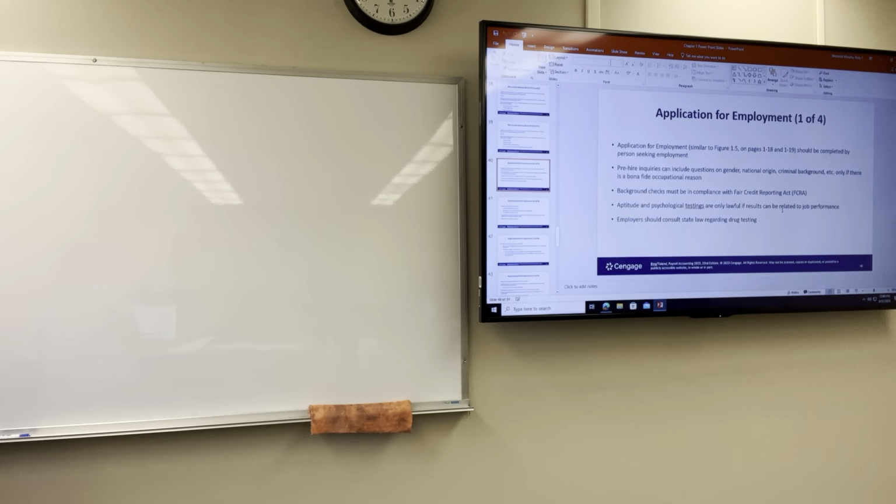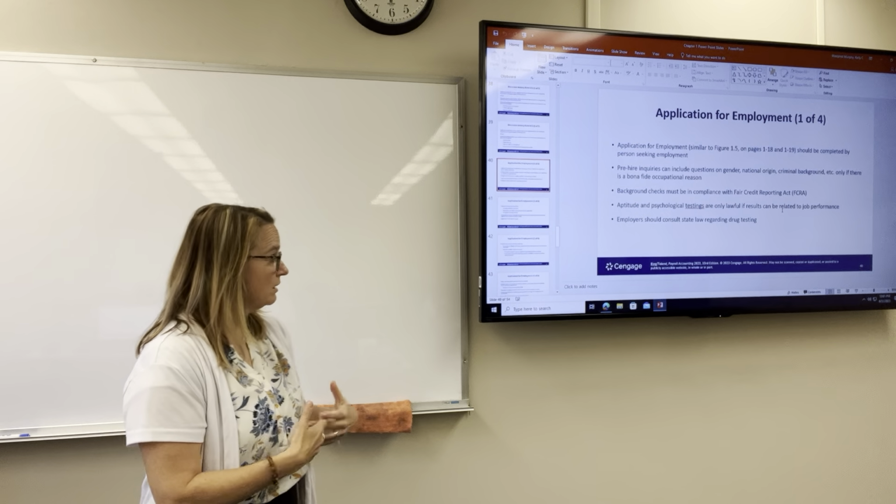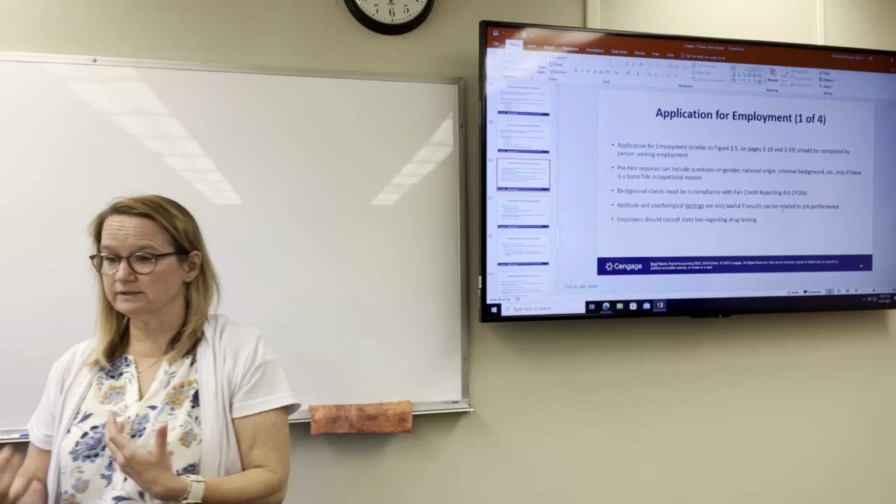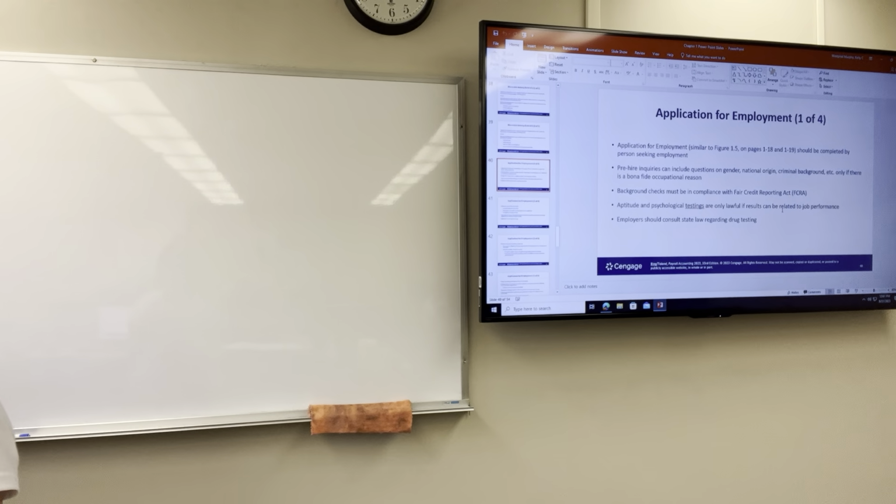If you're going to be giving somebody a firearm and sending them out into the public, you want to make sure that psychologically they are able to handle that in a responsible way. So that would be an example of when a psychological test might be administered. But again, it has to relate to job performance.